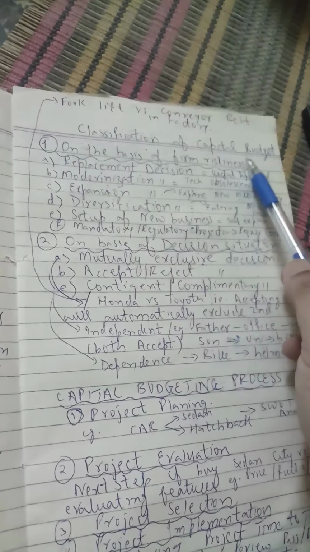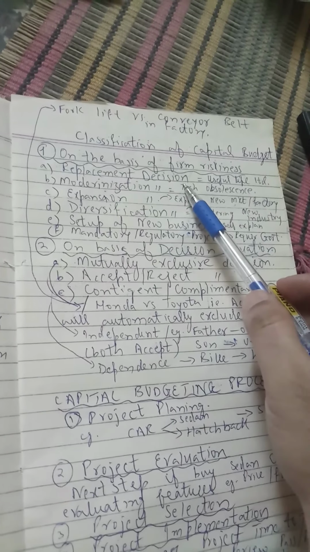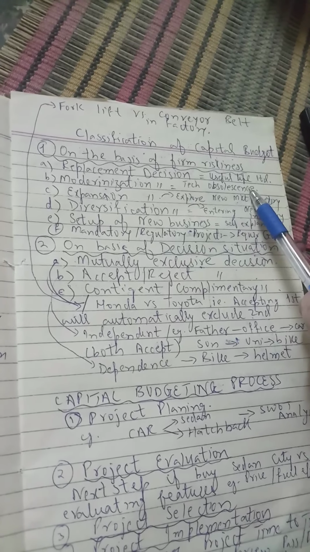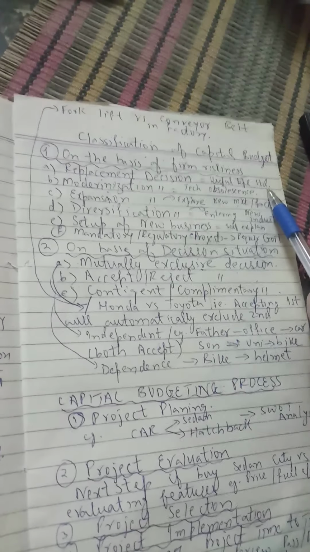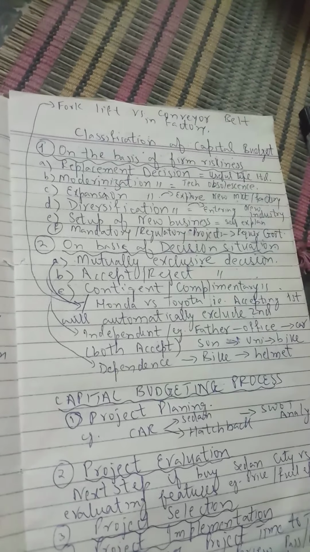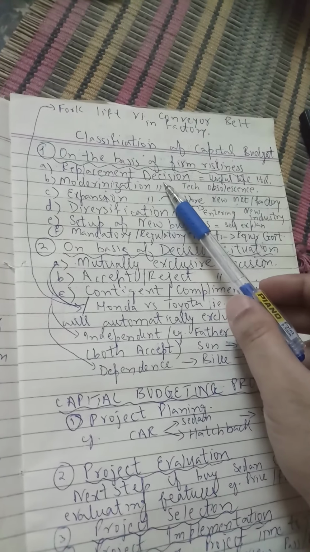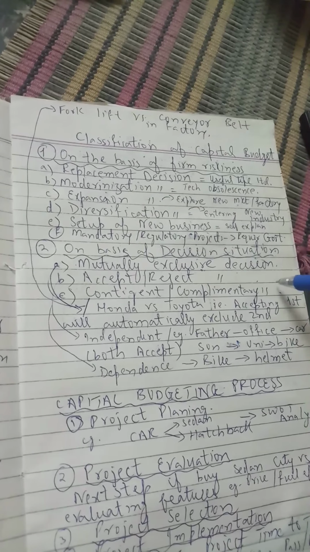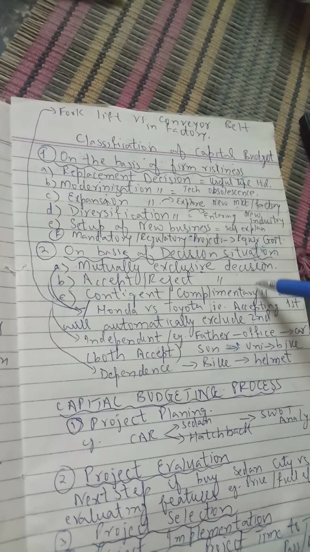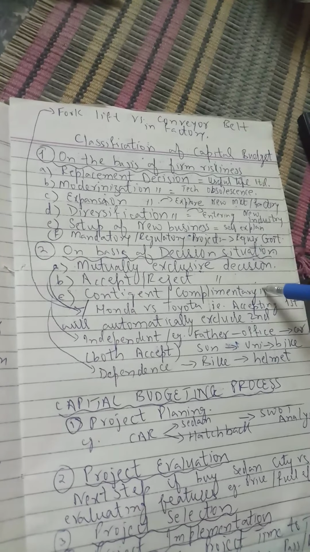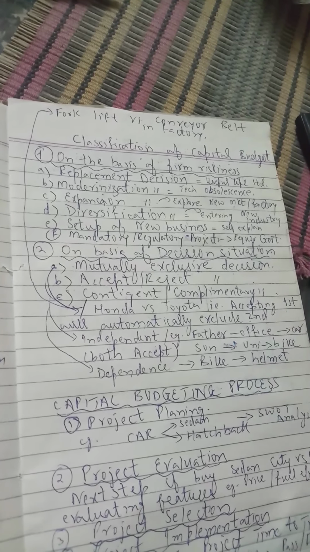When we talk about classification of capital budgeting on the basis of firm riskiness, then it means replacement decisions. As we know that the useful life of the fixed assets used by a business is limited. So definitely after a certain period of time they need to be replaced. For example, if we are using a fixed asset like machinery, a forklift or any other equipment, then it has a specific useful engineering life.